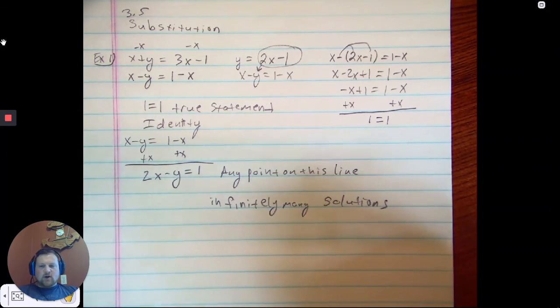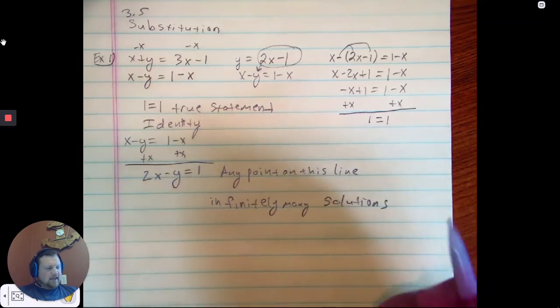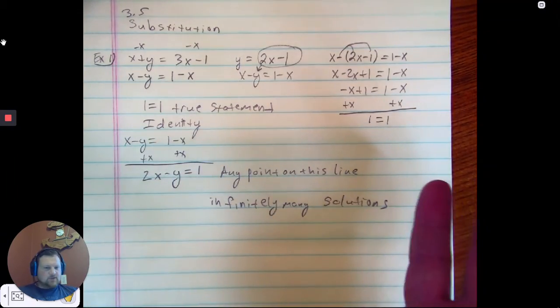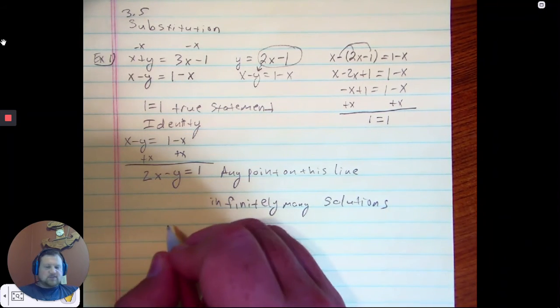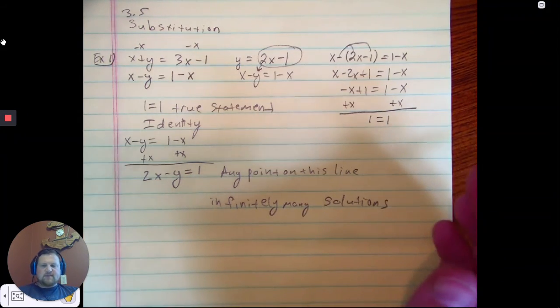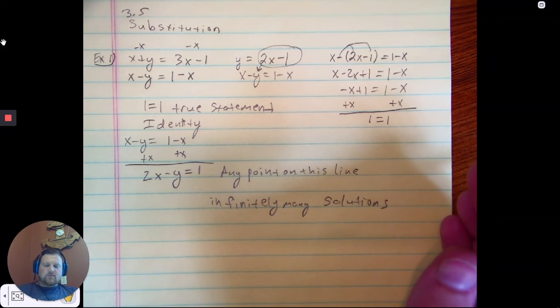You could go ahead and start putting values in and getting all kinds of different answers, right? You could put in a value for x and solve for y. Sometimes you'll be asked to find a couple, and when you're asked to do that, you simply pick a value for x or y, put it in, and solve for the other one.